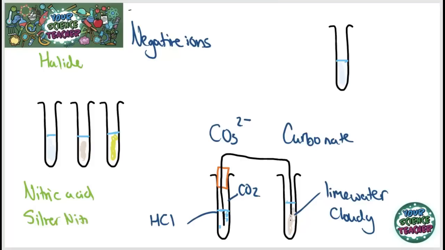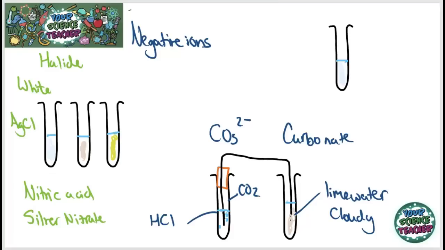What we get is we actually get a silver halide precipitate produced in this reaction. So here, if I'm testing for chlorine, I get a white precipitate, and this is caused by my silver chloride. So I'll just put AgCl just to help you remember that.